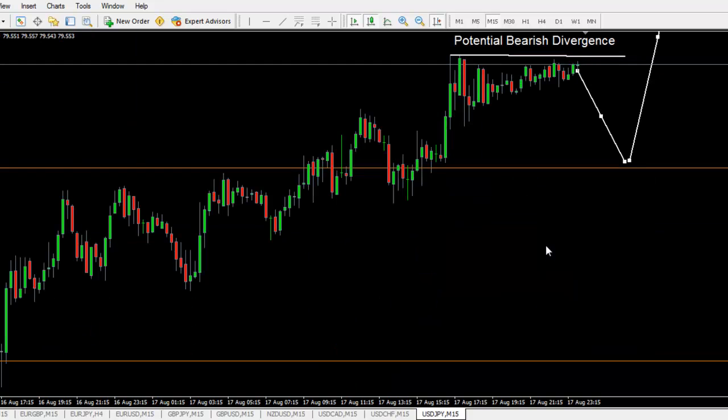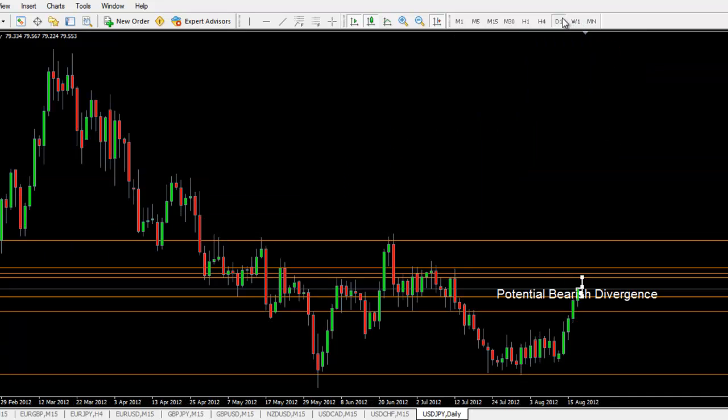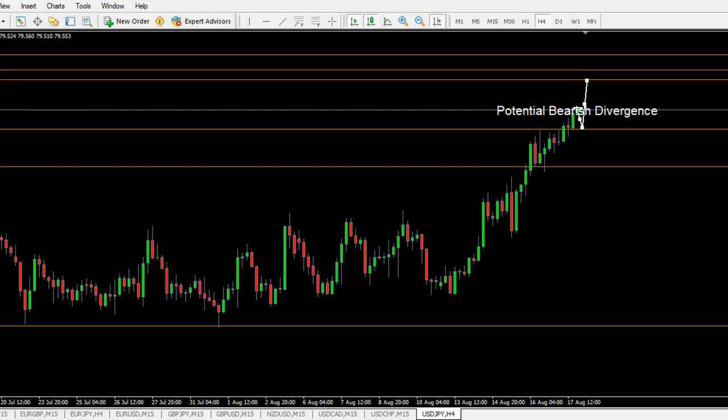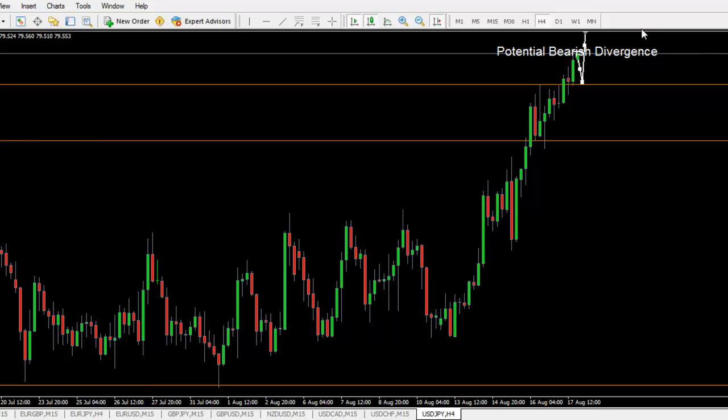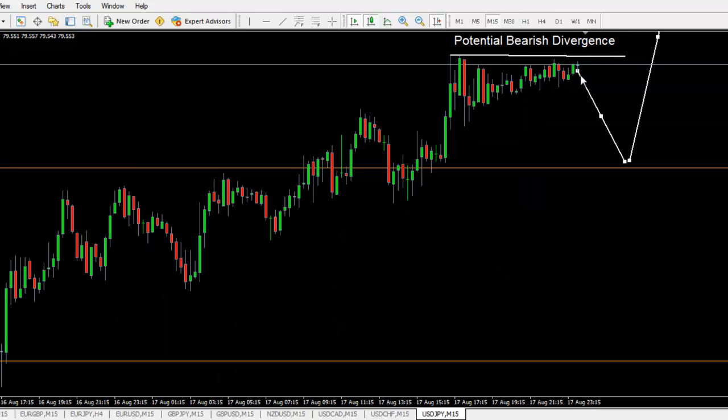On the USDJPY, we've got some potential bearish divergence on the 15-minute chart. We've made some major gains on the dollar this last week against the yen, and we're heading towards some resistance. What I would like to see is a pullback.